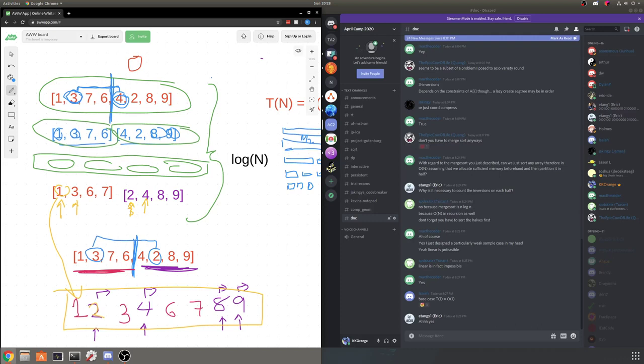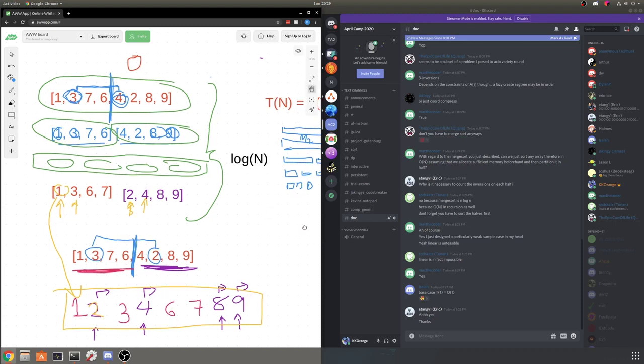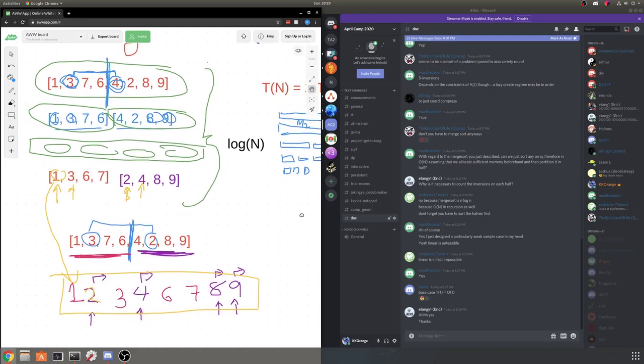Okay, some more discussion about the merge sort stuff. You can solve inversion counting in linear time. Wow, that's not something that I knew. I guess I'll leave that as an exercise to the reader.